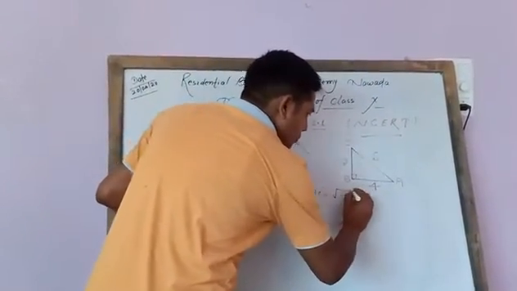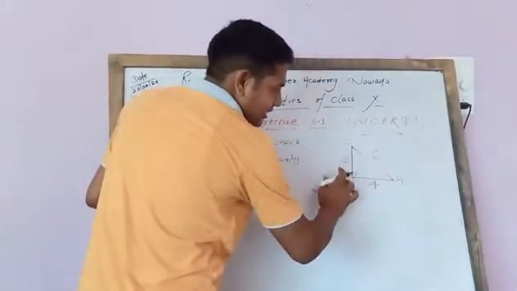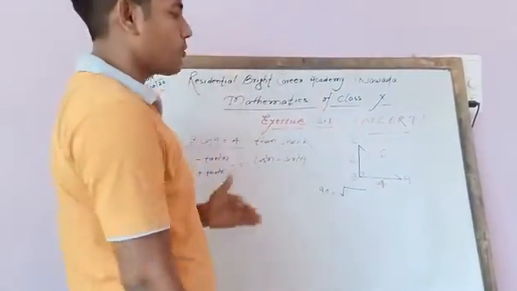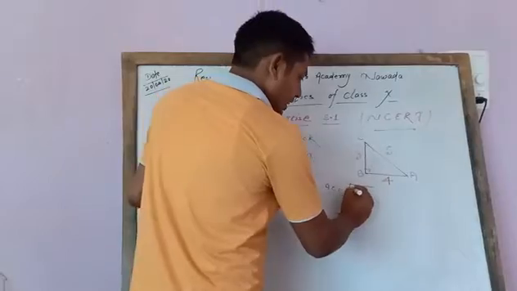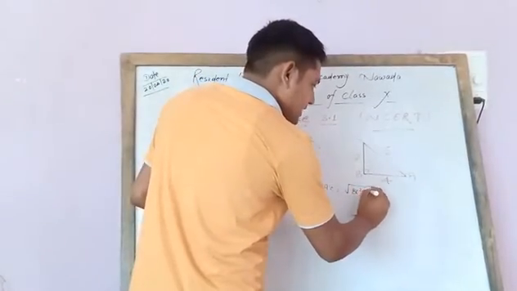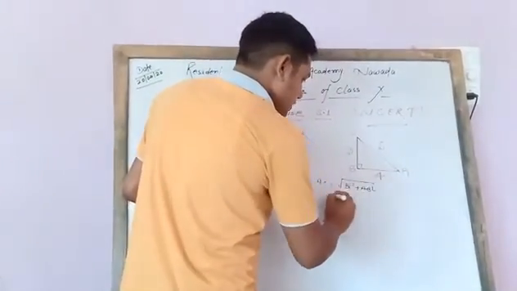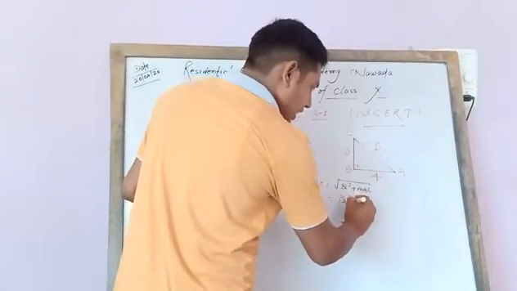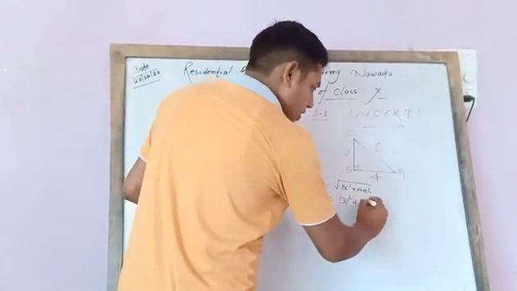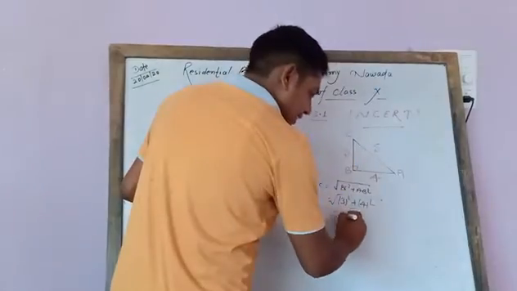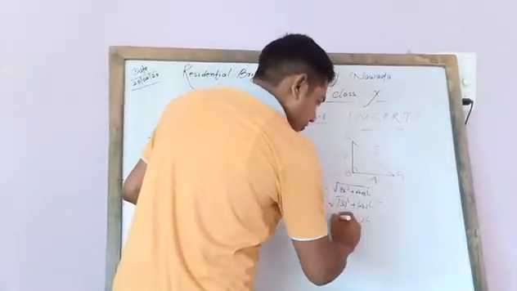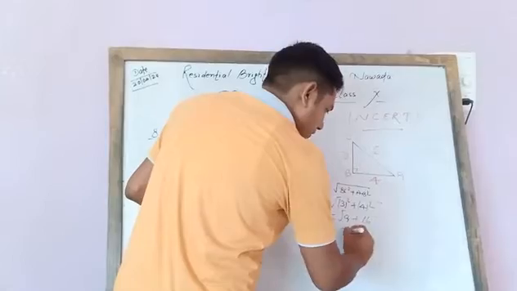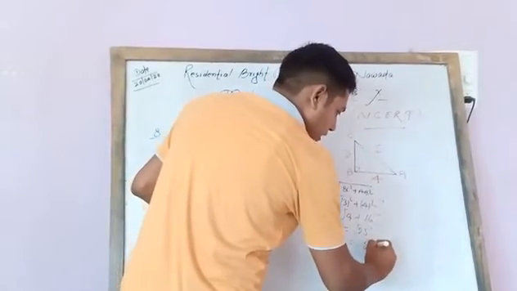AC is equal to root under the sum of squares of the other two sides, so it is BC square plus AB square. BC is 3 units and AB is 4 units. Squaring, it is 9 and 16, which is 25, and it will be 5 units.